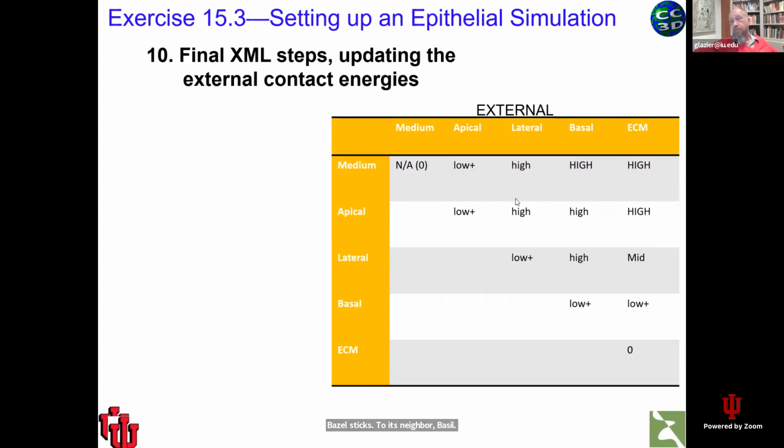And so this time we have to define a bunch of energies. Again, the medium adheres to the apical surface, repels everything else. Apical adheres to other apical and repels everything else. Lateral adheres to other lateral, repels everything else. Basal adheres to basal and to ECM.